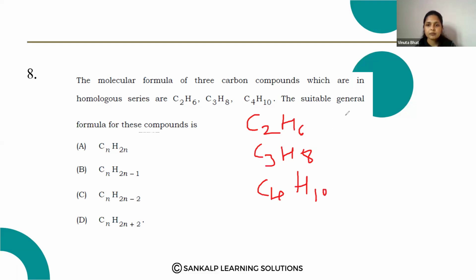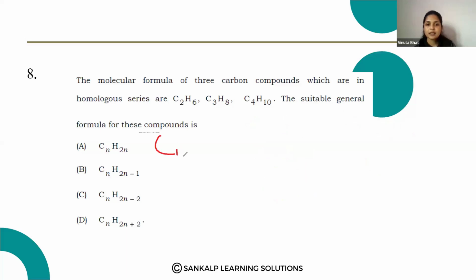Here, just apply the CnH2n formula: that will be C2H4. Now CnH2n plus 2: C2, H 2 into 2 is 4, plus 2, that is 6. And for 3, 3 2s are 6 plus 2, that is 8. So it satisfies the formula CnH2n plus 2.